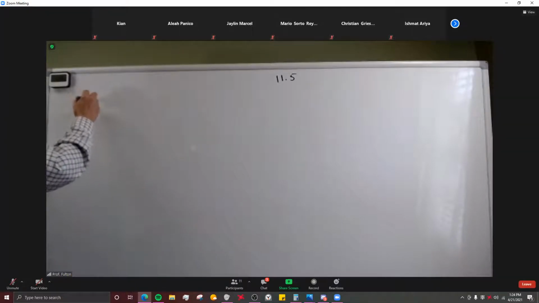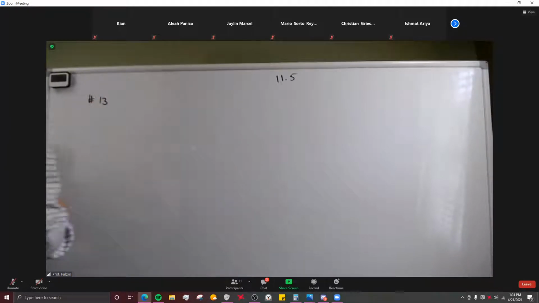Okay, so now number 13. Let's take a look at that one. And we again want to find a, omega, phi, and b, so I can plug them into this representation. It's saying use the cosine.